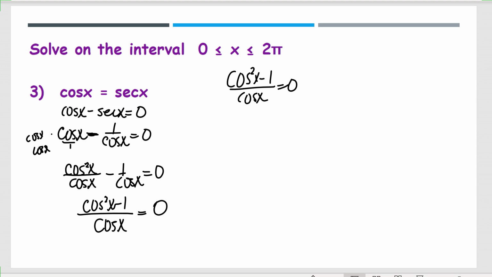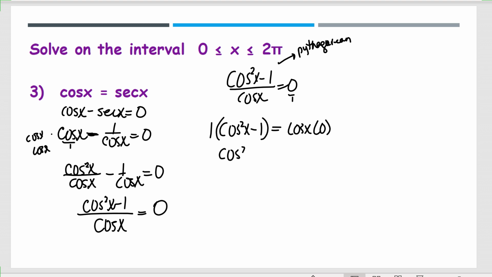You can solve it just like it is, or if you want, you could use a Pythagorean identity if you choose to, but you can still solve it. Remember, any number is going to have a denominator of 1, so I can really cross multiply. Cosine squared of x minus 1 multiplied by 1 equals cosine of x multiplied by 0.